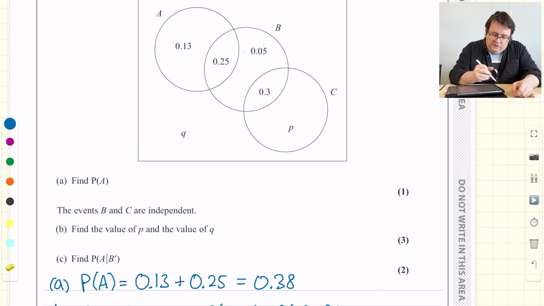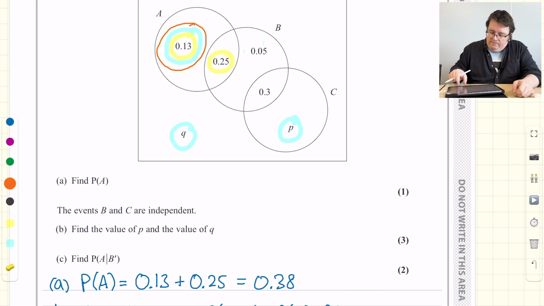Okay, so A is this, and not B is anything outside of B. So where do they intersect? Well, they clearly intersect here at 0.13.